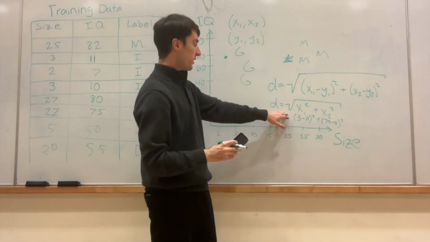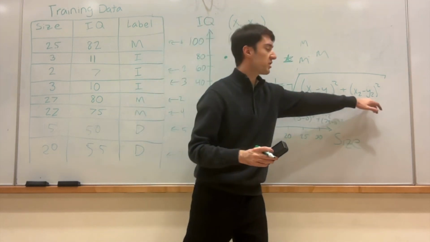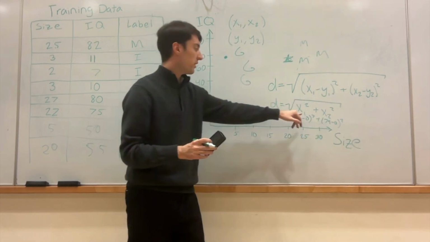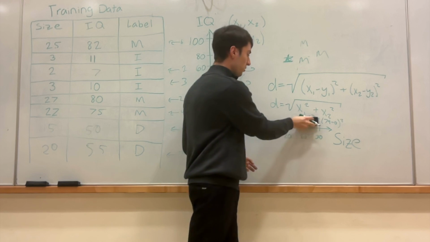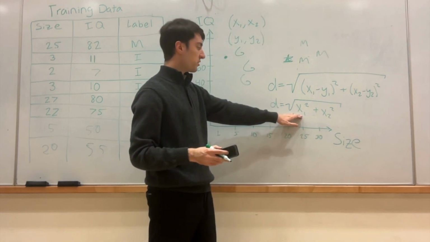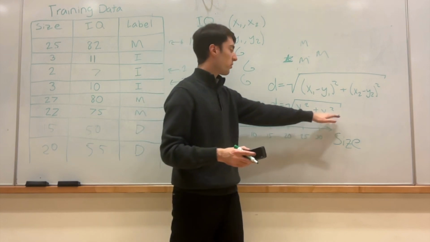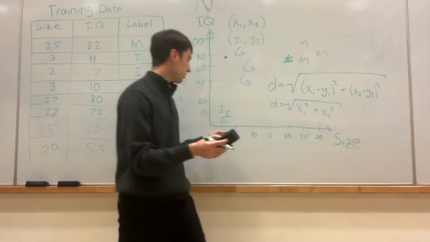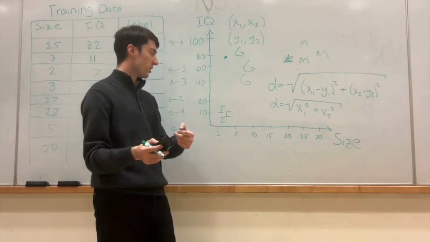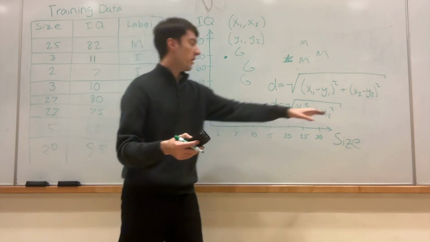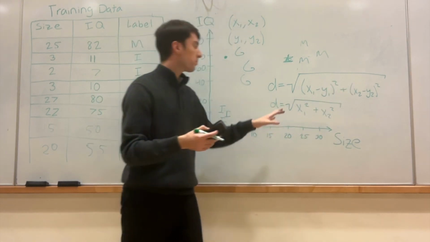So if your second point is 0, 0, it simplifies down to this. And this is the equation that a lot of people have seen. You take the first component, square it, you take the second component, square it, and then if you have a third component, if this is 3D, you would take the third component and square it and add it up and then do a square root.